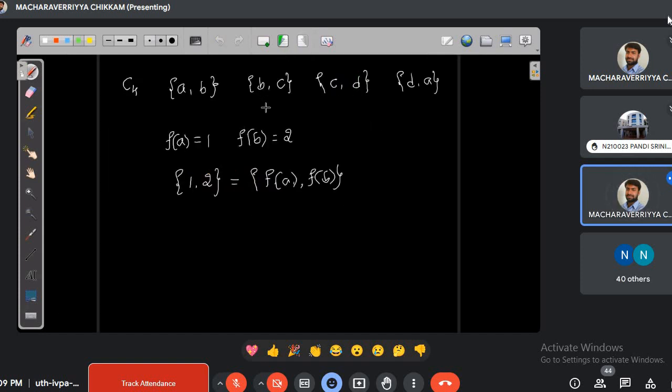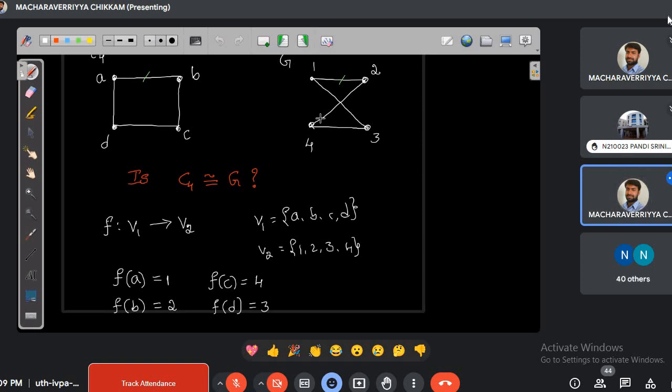Now if it is BC, you know what the image of C is, right? f of C, we mapped it to 4. Now, do we have the f of B comma f of C edge? It means 2 comma 4. Are 2 and 4 connected here? Yes, 2 and 4 are connected. So for this particular edge, the corresponding edge is here.